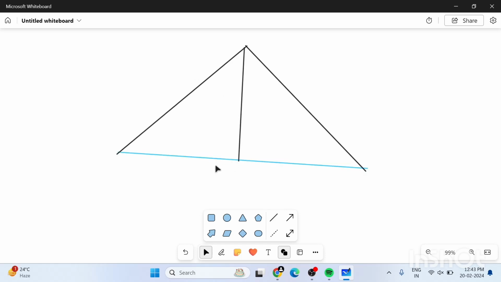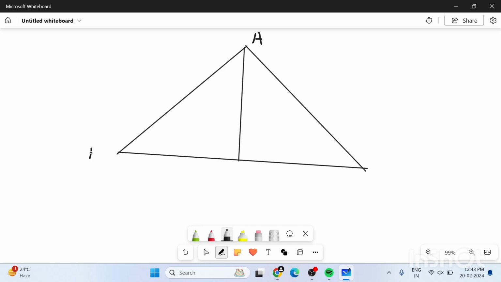The perpendicular is drawn and I am giving names to these points. This is the point A. This point is B. The third point is C.